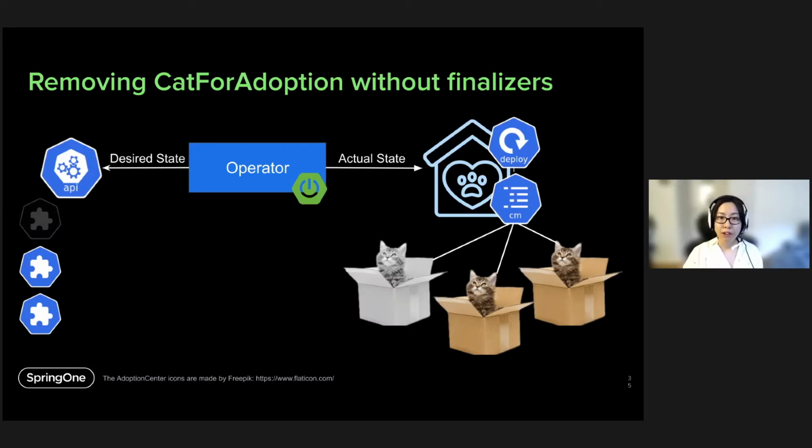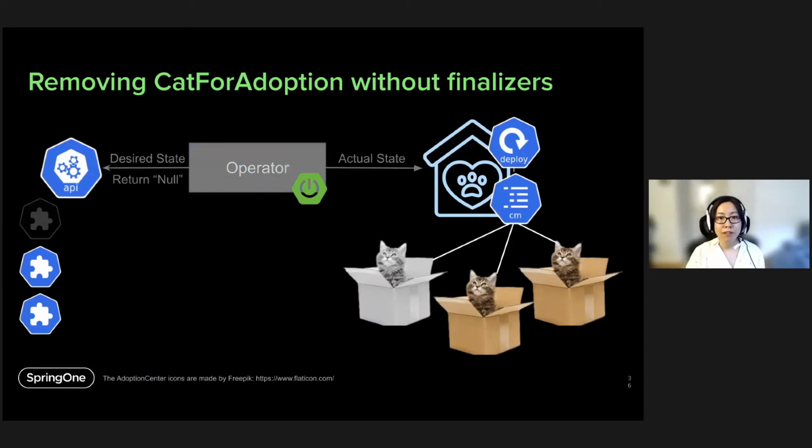However, without a finalizer, the desired state of that resource is null. All we get from the delete event is a cat resource name and a namespace. We don't have a way to know which adoption center the cat resource was associated with. The operator will have to search all the adoption centers and remove this cat. It's not impossible to do, but certainly not efficient.